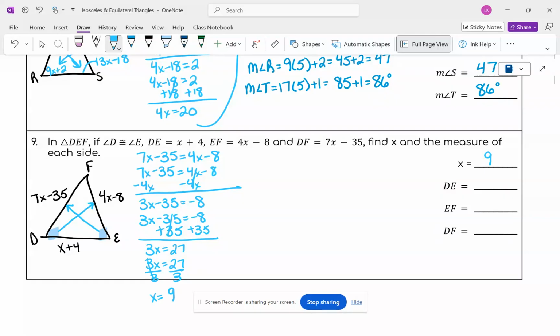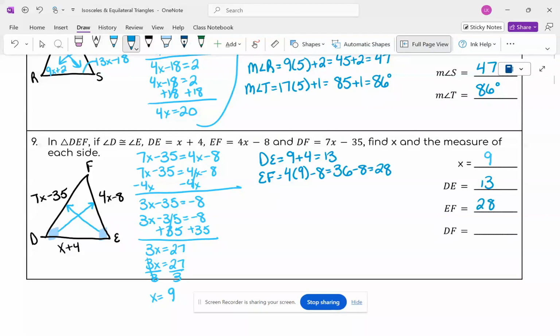From there, we're going to just plug in to find DE, EF, and DF. So DE is 9 plus 4, which is 13. EF is 4 times 9 minus 8. 4 times 9 is 36. Minus 8 is 28.